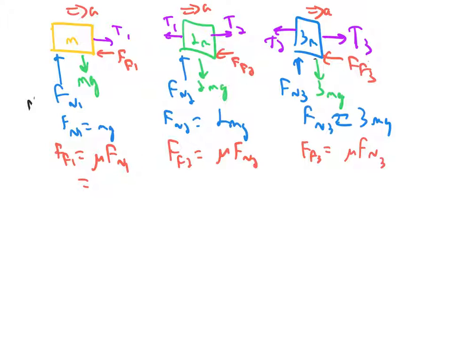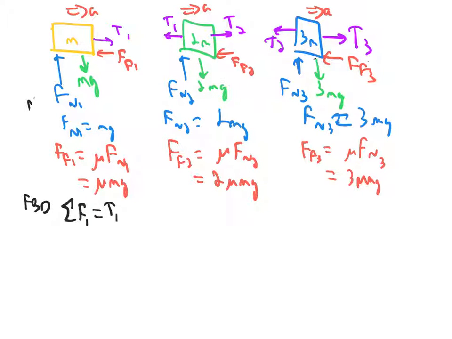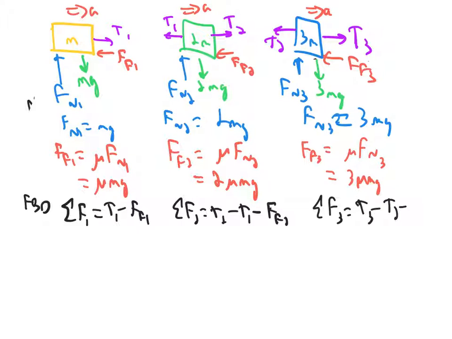Which allows us to say the frictional force is mu mg in the first case, 2 mu mg in the second case, and 3 mu mg in the third case. Now from our free body diagram, the sum of the forces on 1 in the x direction is T1 minus FF1, the sum of the forces on 2 is T2 minus T1 minus FF2, and the sum of the forces on block 3 is T3 minus T2 minus FF3.